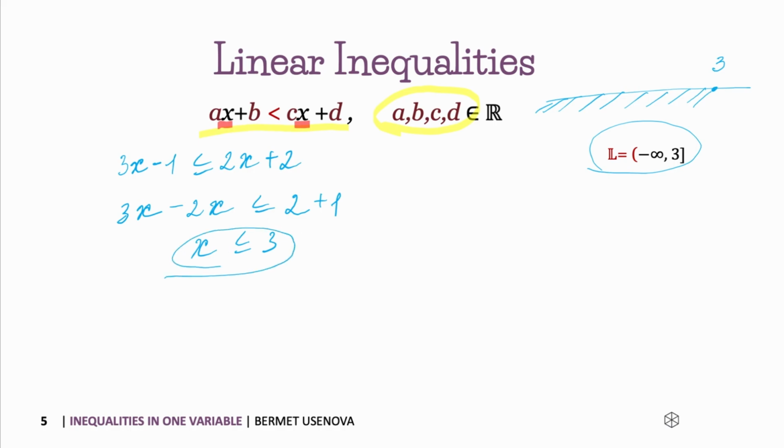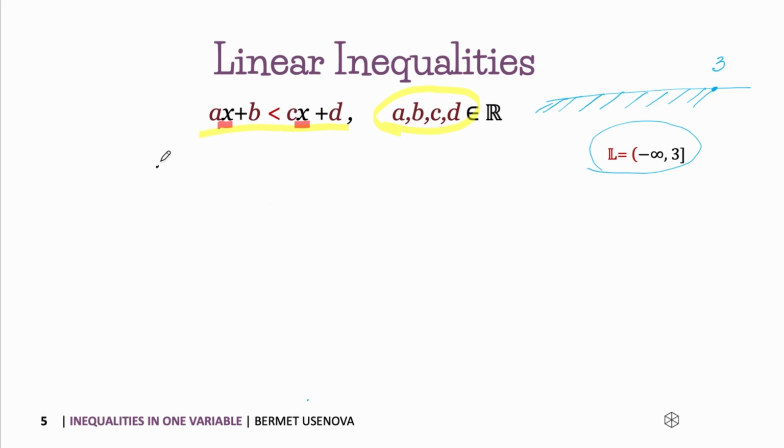All right, let's have a look at a different example. 2x plus 5 less than or equal to 2x minus 3. For this inequality, we want to subtract 2x from both sides. If we do so, 2x will just cancel.